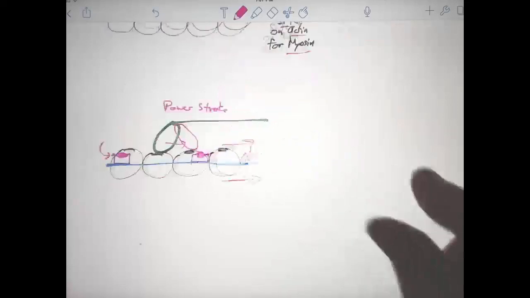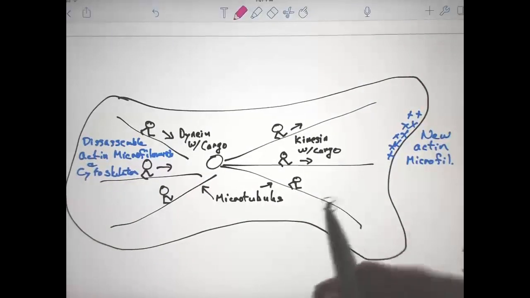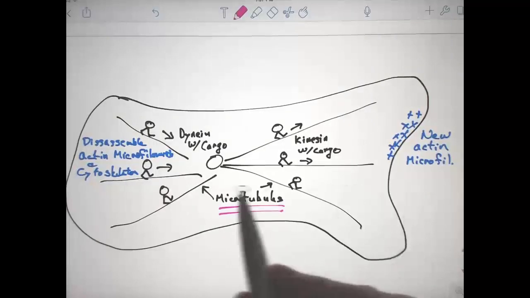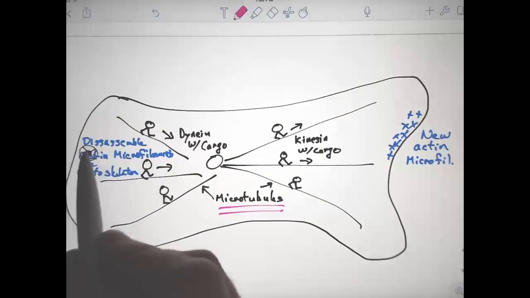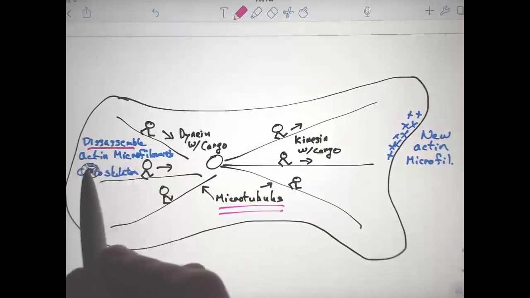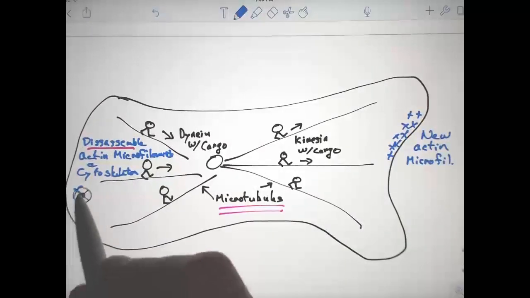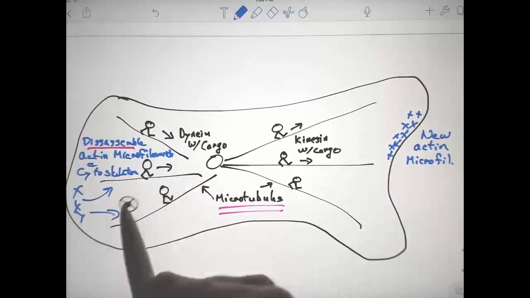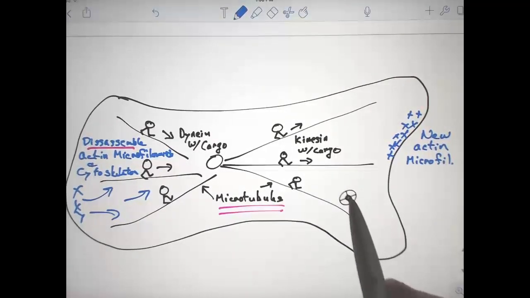The second mechanism involves microtubules that are spreading out from the microtubule organizing center, and at the back end of the cell there's disassembly of actin microfilaments of cytoskeleton. So proteins are activated that break up these and move them toward the nucleus in the microtubule organizing center.